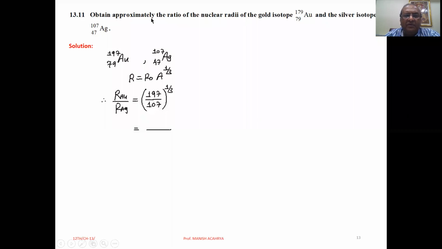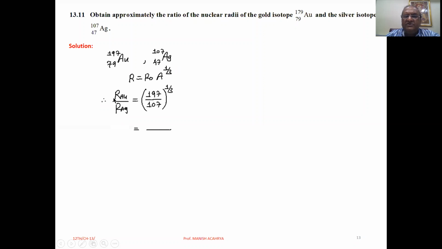13.11. Obtain approximately the ratio of the nuclear radii of the gold isotope 79 Au197 and the silver isotope 47 Ag107. Okay. Now Au and Ag are given to you. We know the nuclear radius is given by the equation R equal to R0 A raised to 1/3.